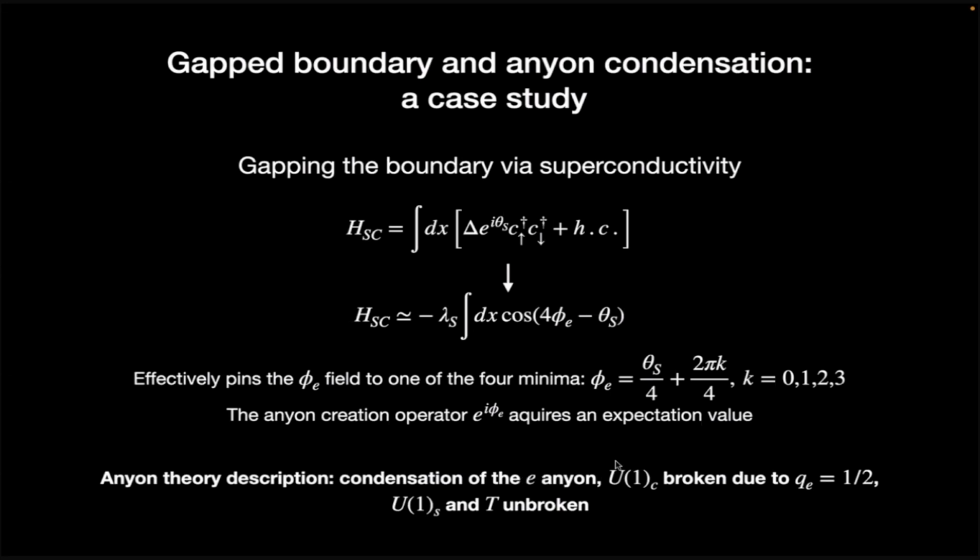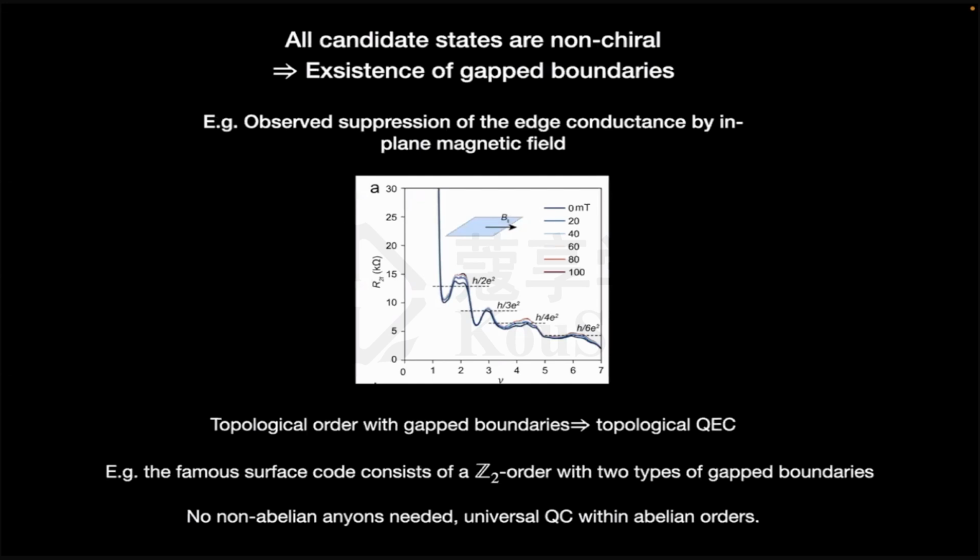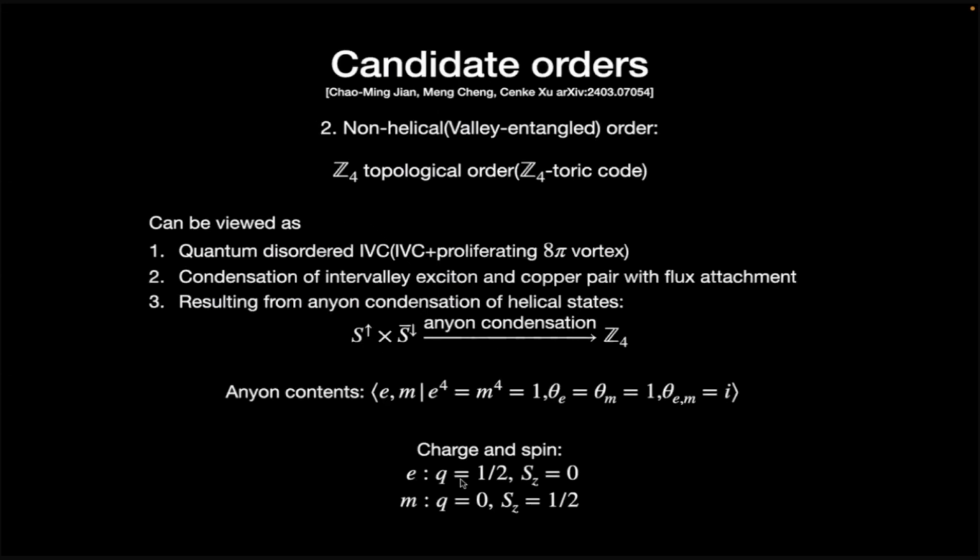So the E anyon has half charge and no spin, which means if you do a 2 pi rotation of the U1 charge symmetry, you get a -1. And for the M particle, it's a half spin. So these data encode the symmetry enrichment of the topological order. Oh, I see.